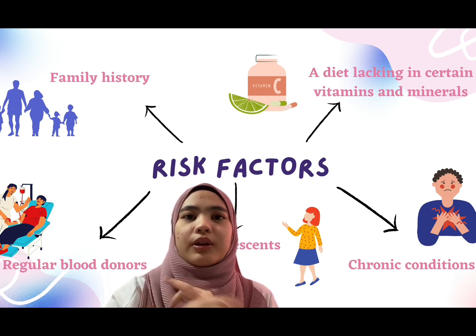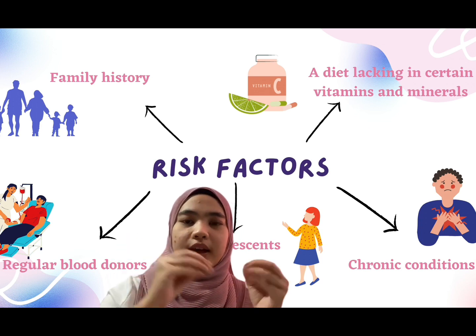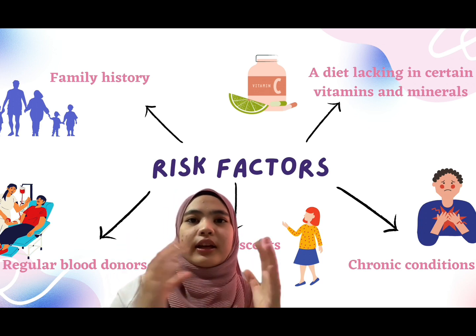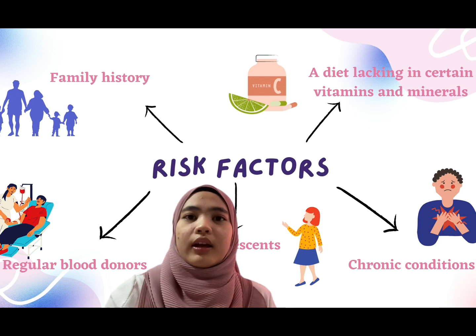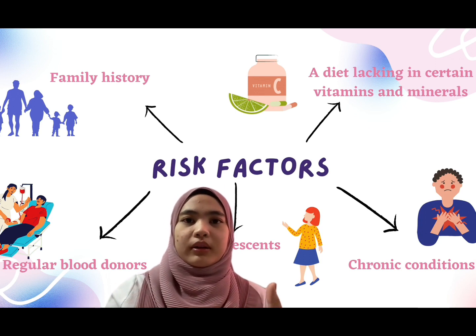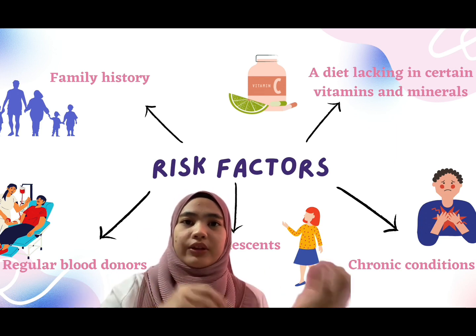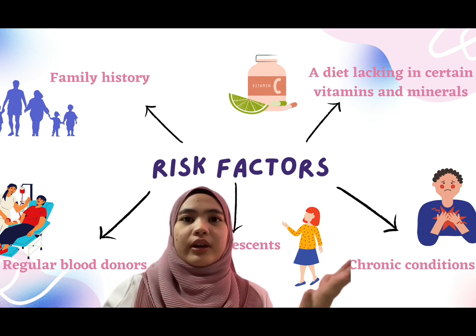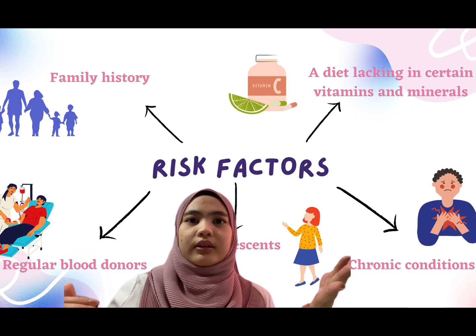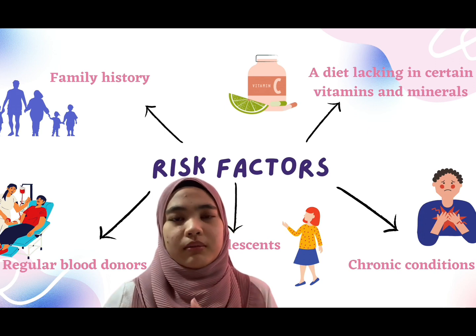When they're having their period, they tend to lose more blood, and at that age their iron intake and hemoglobin level are very much in demand. So these are the risk factors that give a higher possibility to get this condition because of certain factors that contribute to the formation of this red blood cell shape.